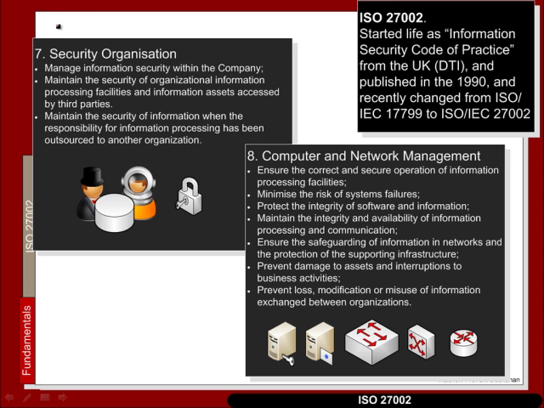We can have organisational security, and that's generally how the whole organisation is set up, such as who's responsible for any security incident. A key area is related to computer and network management, and that's to make sure that all the devices are secure and there isn't any interruptions to the business activity.